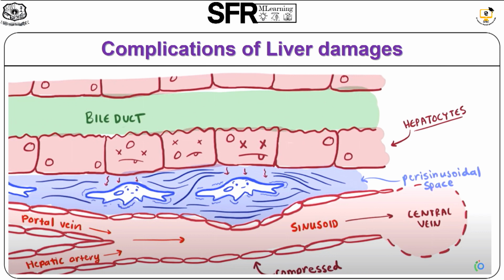The fibrous tissues are formed in between the portal vein and the hepatic cells. Once fibrosis is formed, it compresses the portal vein and the artery. Once compressed, the fluid inside the vessels is released from the portal circulation and accumulates in the peritoneal cavity, resulting in ascites. This is how the damage occurs.